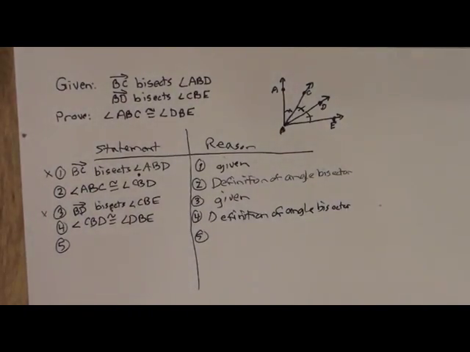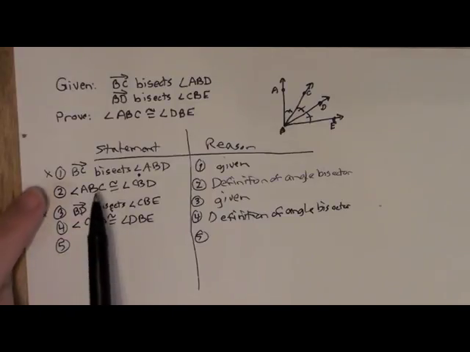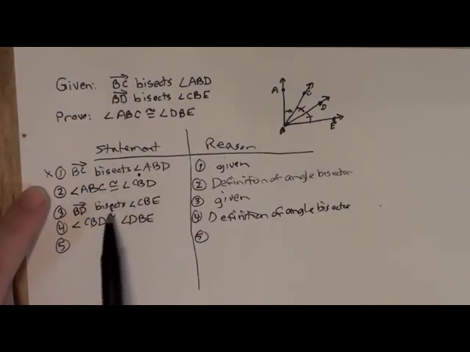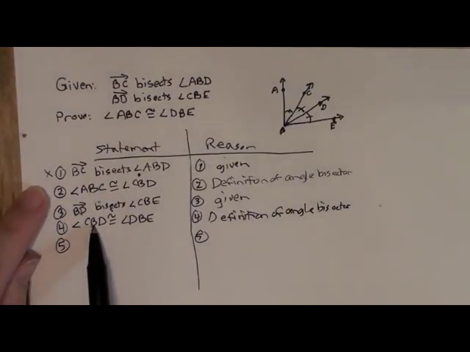We somehow, though, need to use line 2 and line 4. Line 2 says angle ABC is congruent to angle CBD. Line 4 says angle CBD is congruent to angle DBE. Notice, both congruencies have angle CBD.